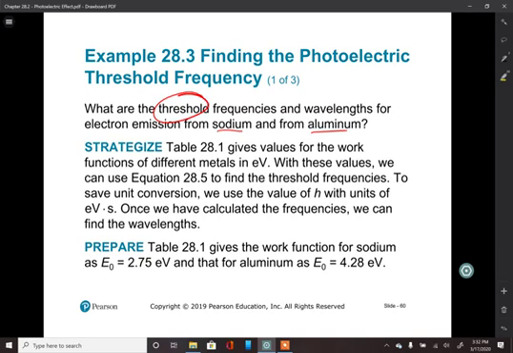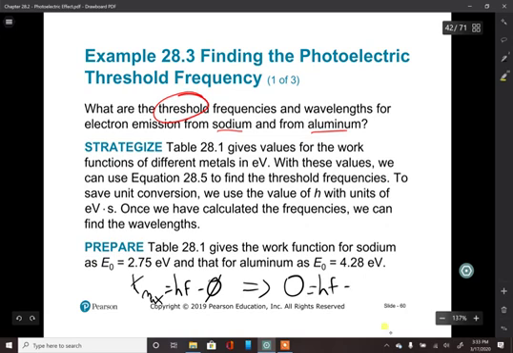In other words, whatever energy I put in as light is all used up to escape the metal. Using the equation, K max = hf - phi, whenever you see the word threshold, this is really 0 = hf - phi, or hf = phi. That's the core when you see that word threshold.